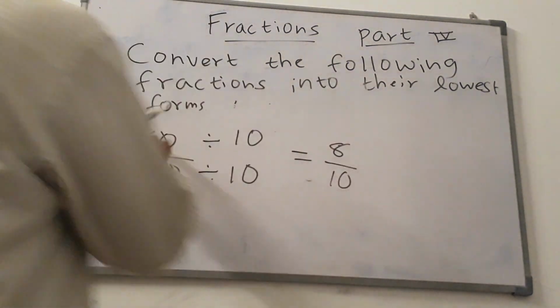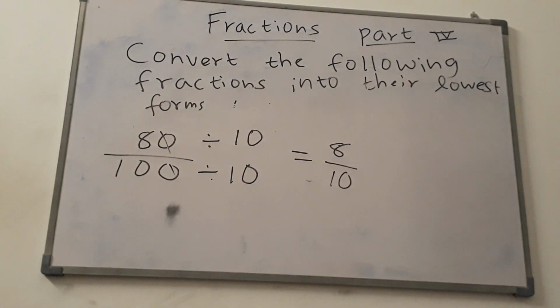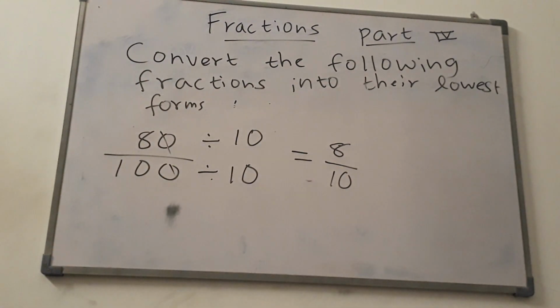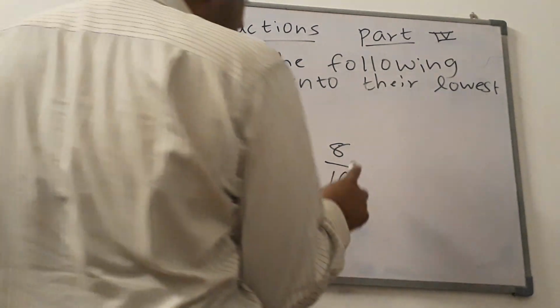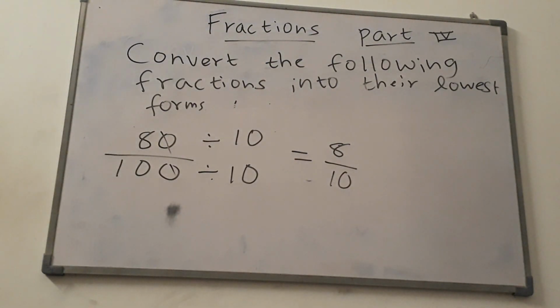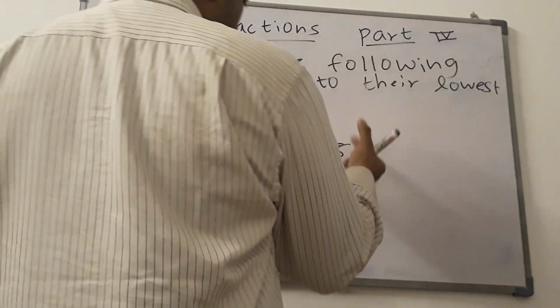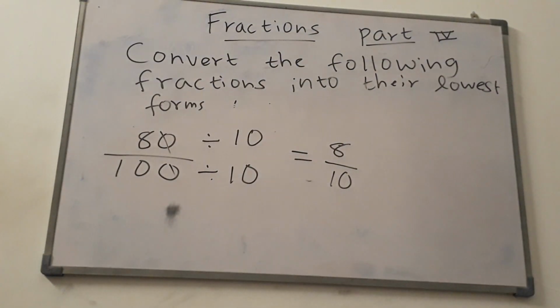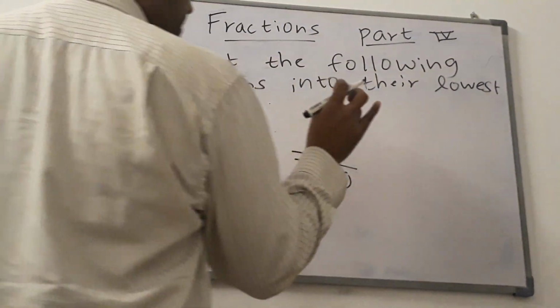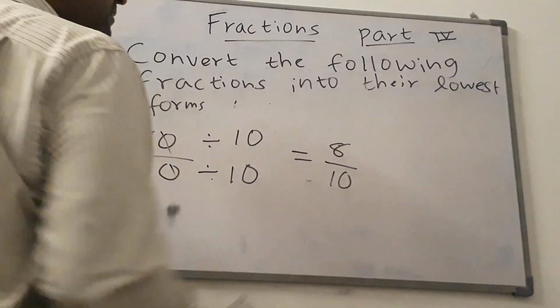Is this the lowest form of these two figures? Is 10 the highest common factor for sure? If we carefully see, we can divide both these figures by another factor. Both 8 and 10 are divisible by 2. 2 is a factor of 8 as well as 10.